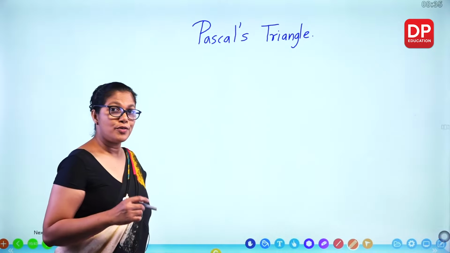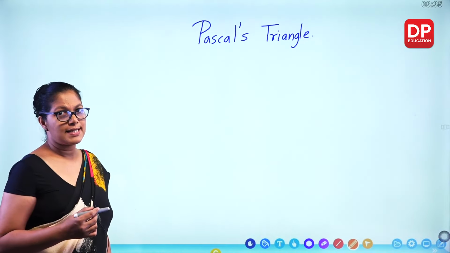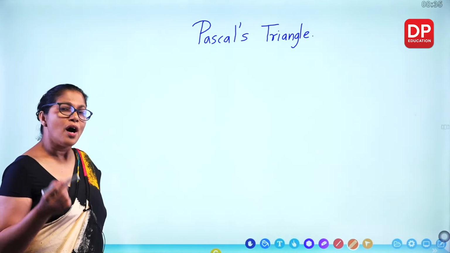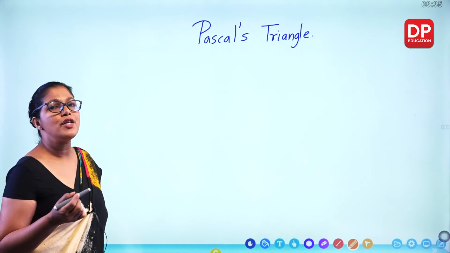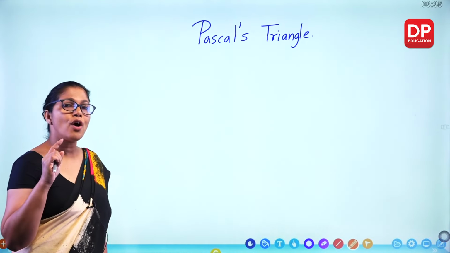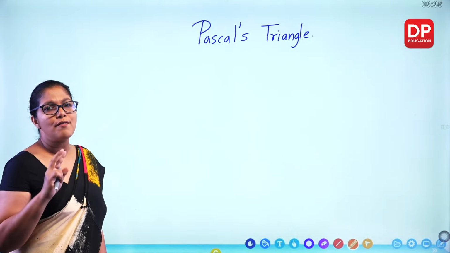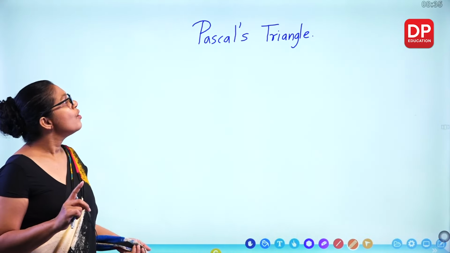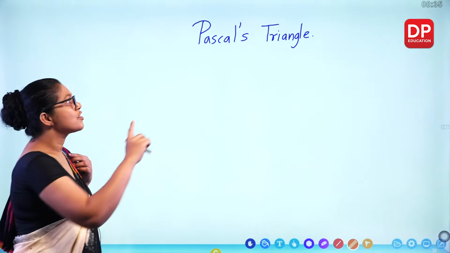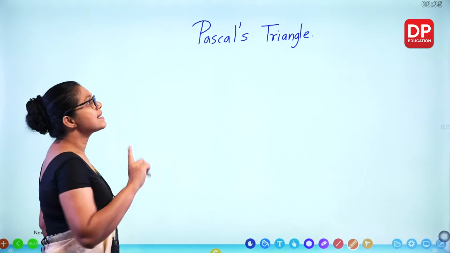Now I'll show you, this is not in the syllabus, but I'll show you how you get those numbers in the middle. So earlier when you get power 3, you got 3 and 3 for the second term and the third term. I'll show you about those coefficients using Pascal's triangle.